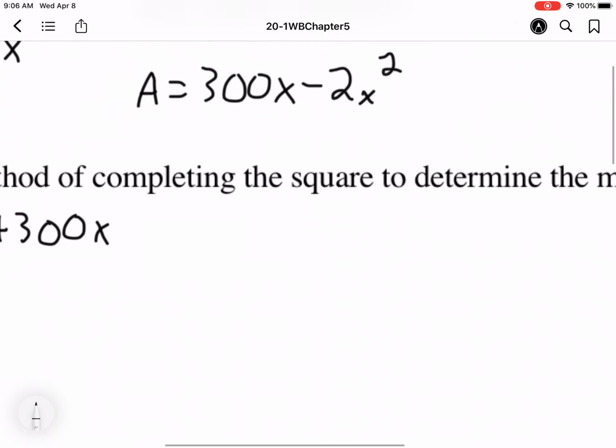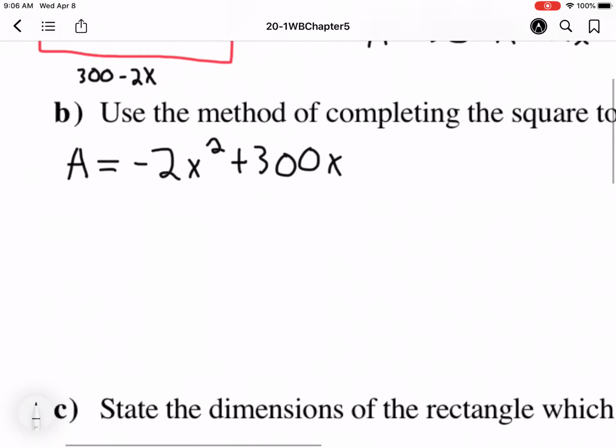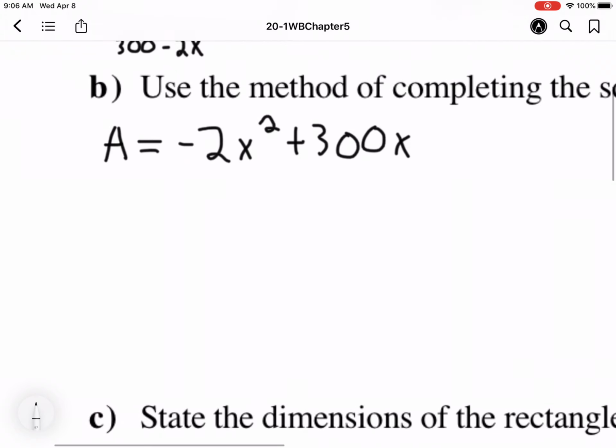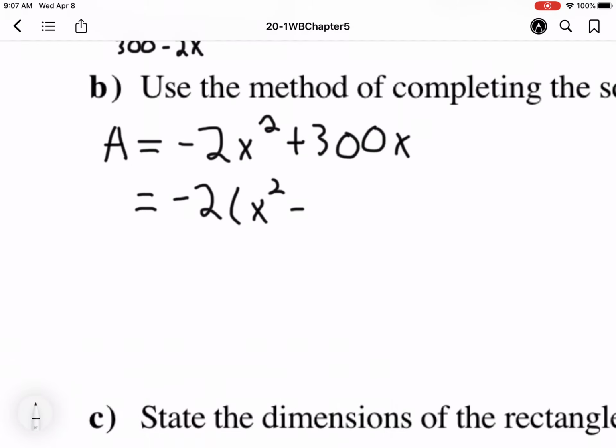Remember, whenever it asks for the maximum or the minimum, we have to find the vertex, and the best way to do that is by completing the square. So this is now going to equal, factor out the negative 2, x squared minus 150x. Now we're going to take 150, divide it by 2 and square it, then add and subtract that.